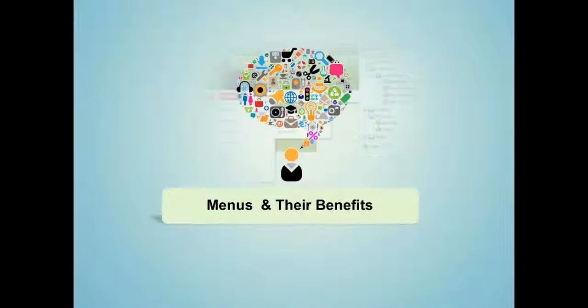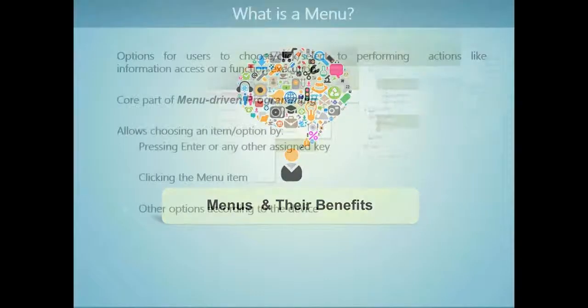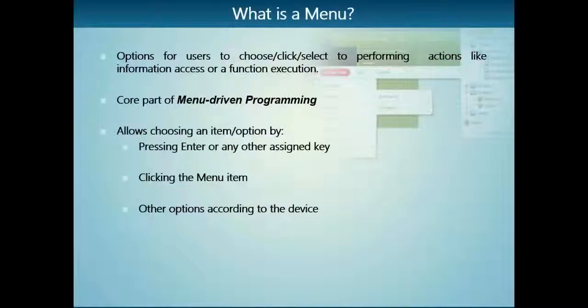I will start with the introduction to different navigation menus implemented in HATS or in general web development and their benefits. In the context of computer applications of all types, menus are options that permit a user to perform various operations for retrieving information or initiating a functionality.